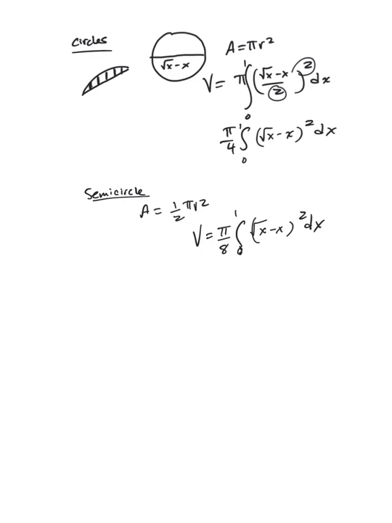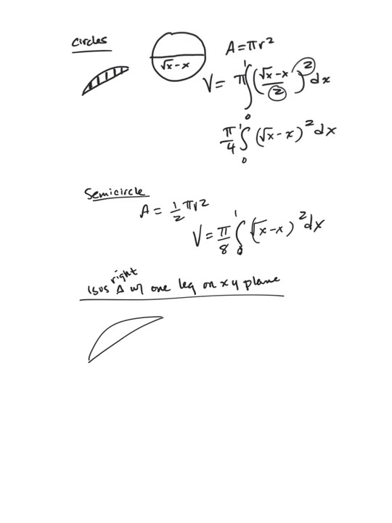All right, let's talk about what if the base was an isosceles right triangle with one leg on the xy plane. So picture your two curves again.